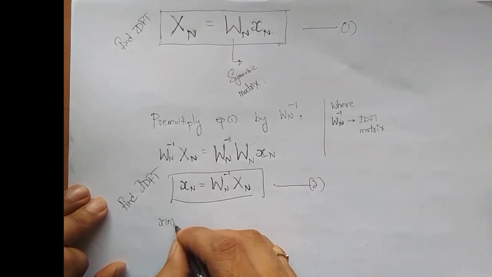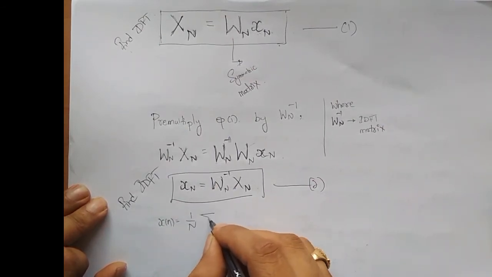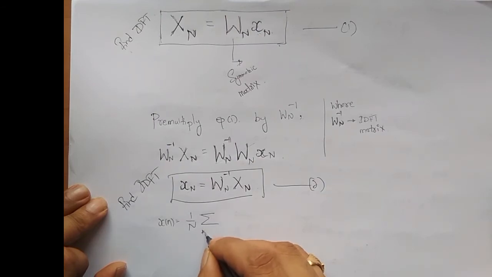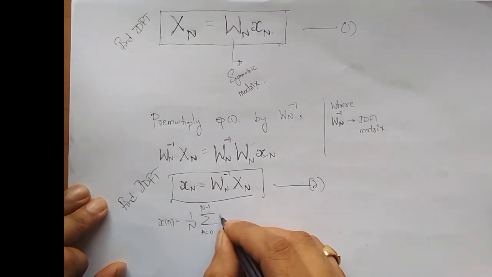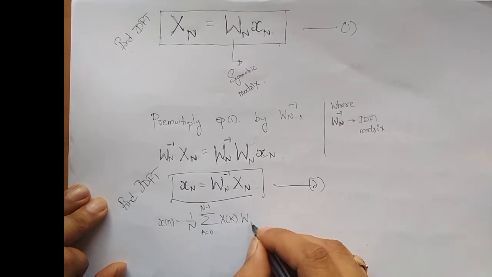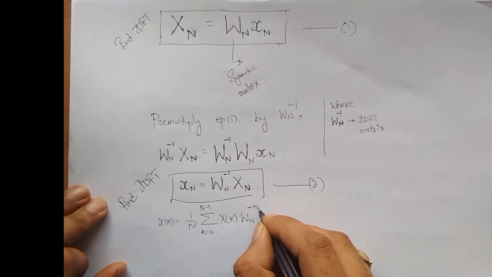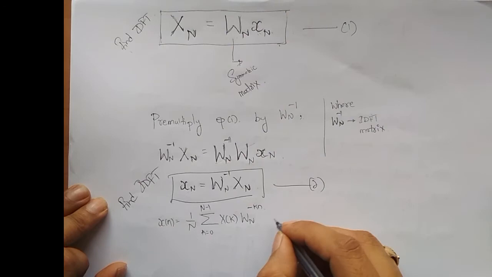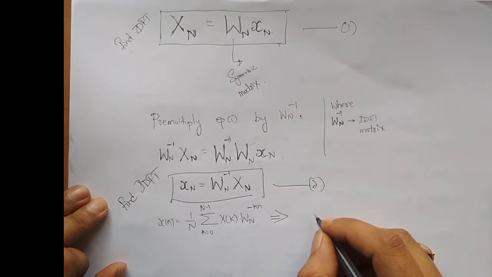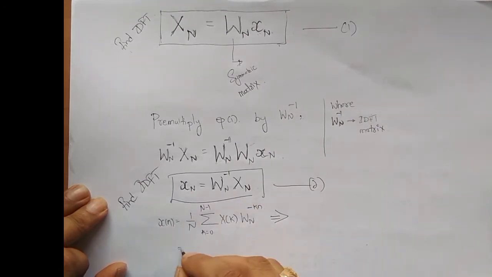We can have one more equation to find IDFT with respect to the definition of IDFT, which is x of n is equal to 1 by n into summation k varying from 0 to n minus 1 x of k into Wn power minus kn, right? So how do I represent this in terms of matrices? I can write it as 1 by n into summation k varying from 0 to n minus 1 x of k.